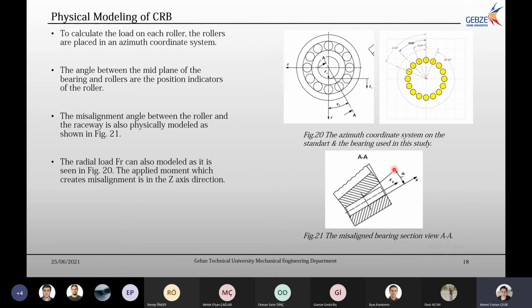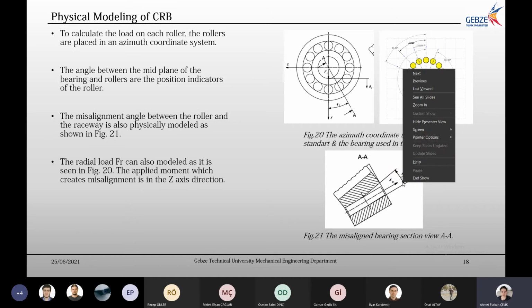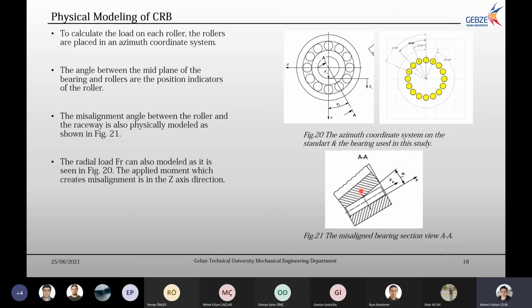And I have also given a misalignment parameter right here. So the misalignment looks something like this. We can see it from the AA cut section view right here. So the outer ring is a little misaligned, and I will also be trying to find the misalignment angle.